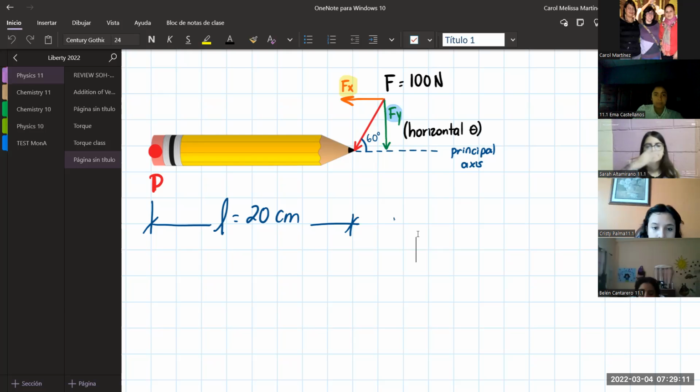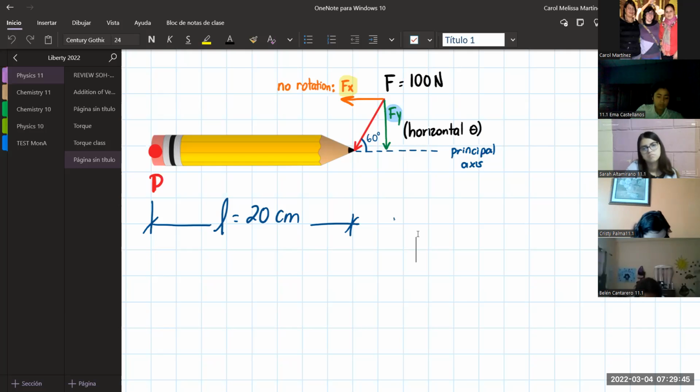Fy. The reason is because Fx is coming parallel to the principal axis. If it goes parallel to the principal axis, it doesn't create rotation. So Fx in this case doesn't allow the rotation.